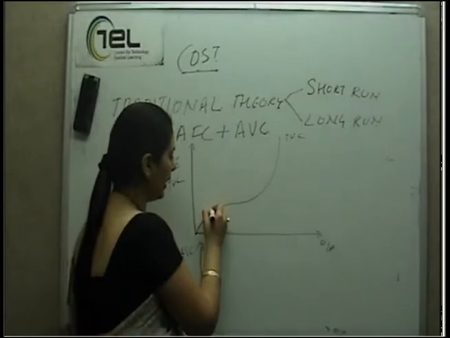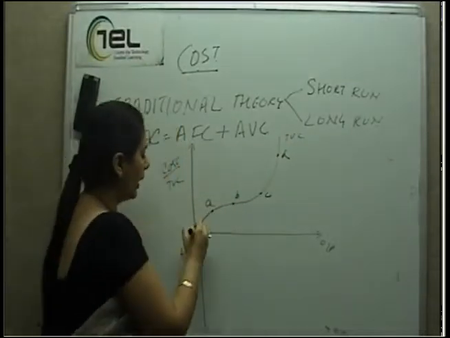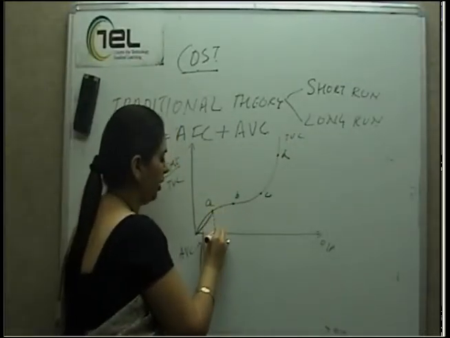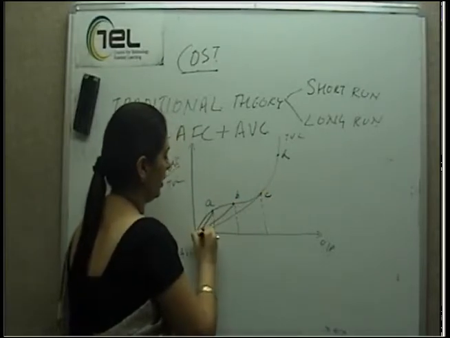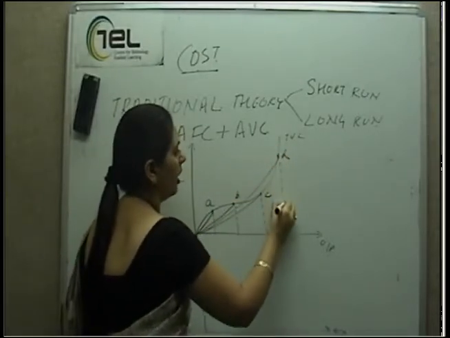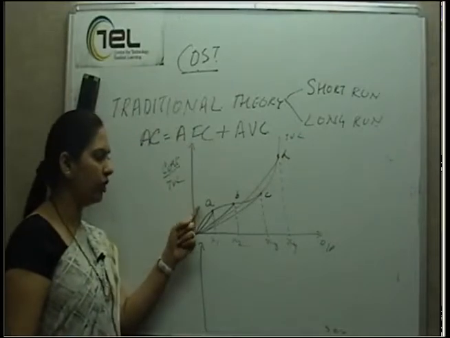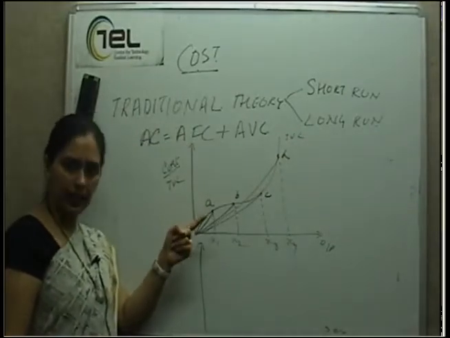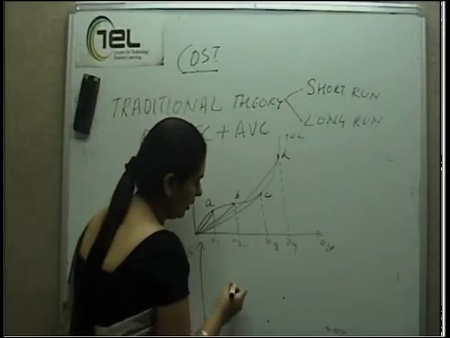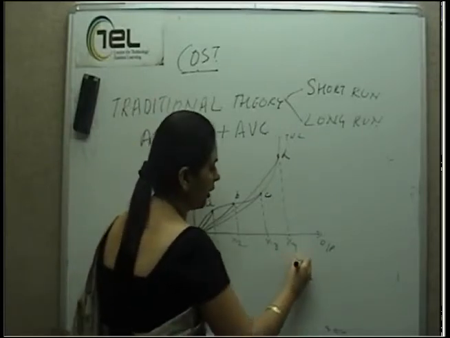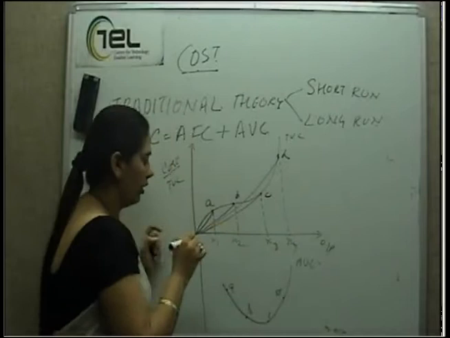That is, we will again take 4 points, point A, B, C and D. We will join these points with the origin with the help of 4 lines, and we will take the slope of the lines which we have drawn from the origin to points A, B, C and D. When we plot the slope of these lines, we again get a U-shaped curve, and we refer to this curve as the AVC curve.